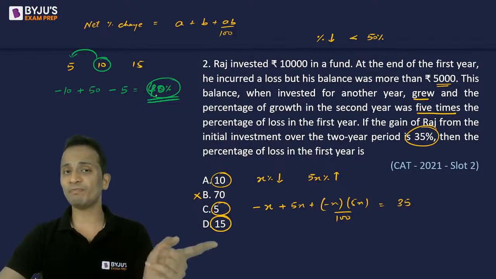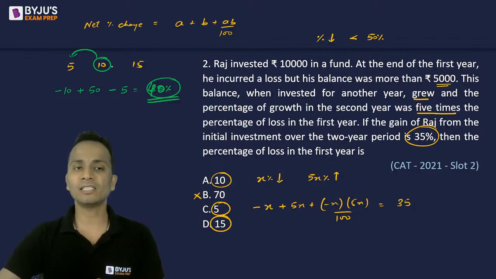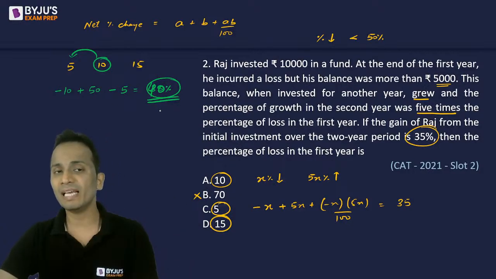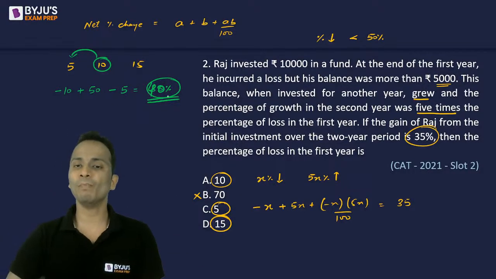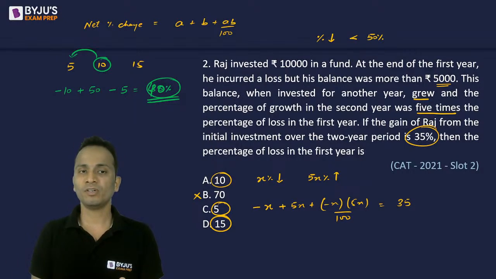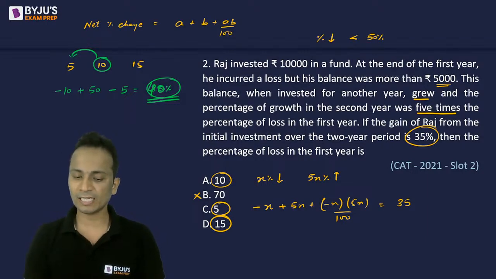If it gives me more, then my answer is less than 10%. If it gives me a lesser value, then my answer will be more than 10 percentage. That is why we don't need to solve for any other options if we treat the middle value among the options. So here the answer is 10 percentage.